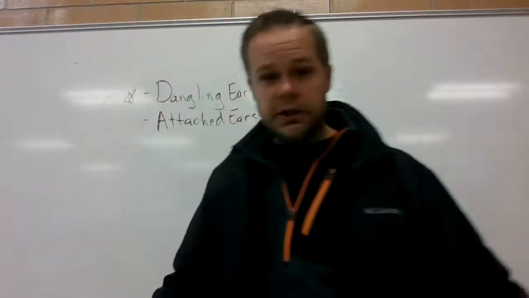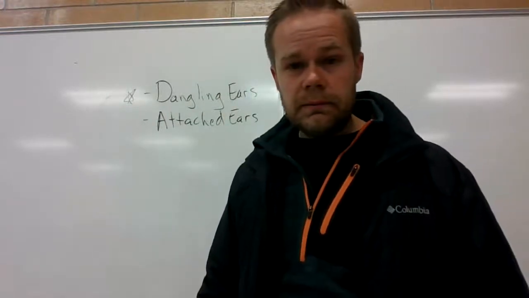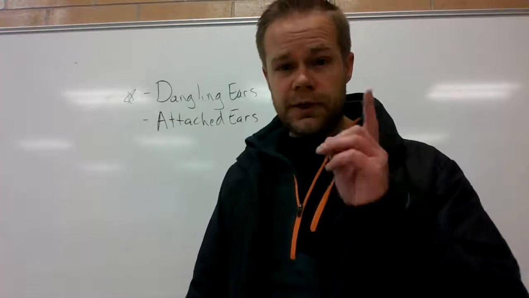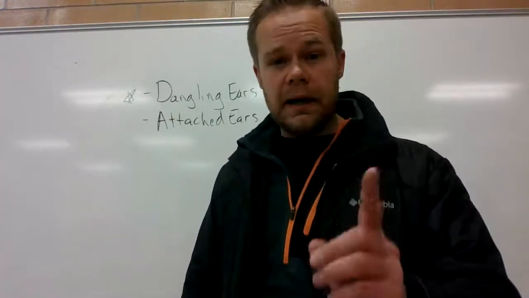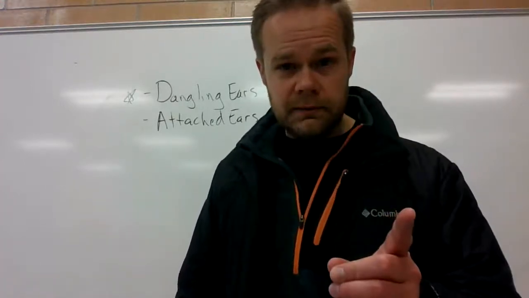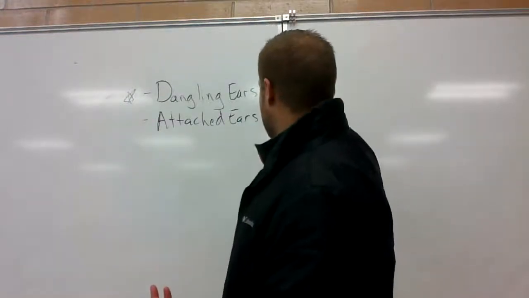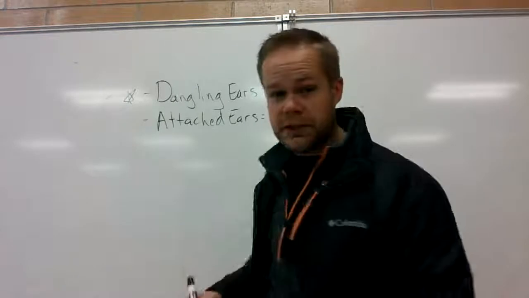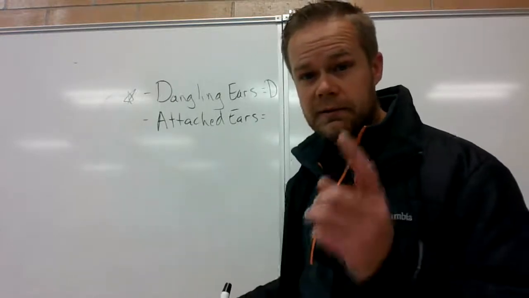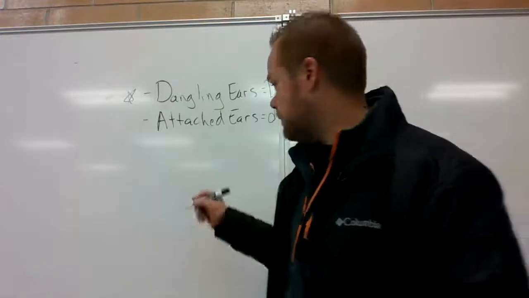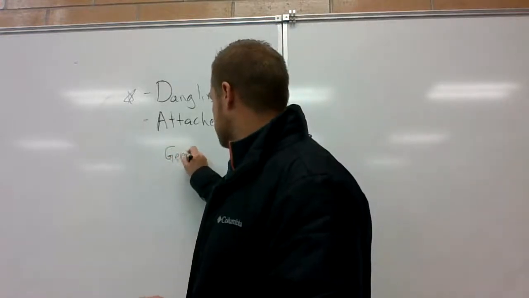So what letter do I choose for my gene? What was the rule again? The first letter of the dominant trait, which is what? The letter D. So I'm going to use a capital D here. And what am I going to use for attached ears? Lowercase d.